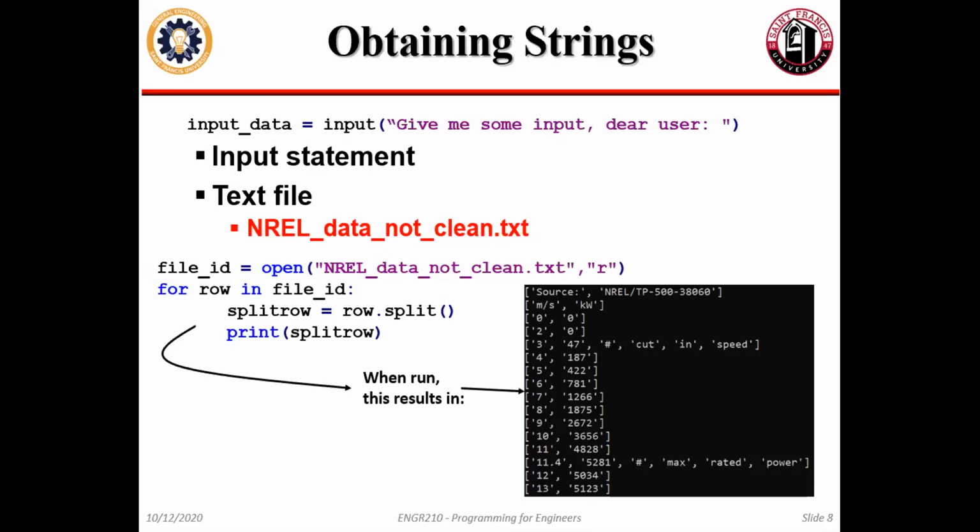Okay, so almost there, and there we go. Okay, cool. So on Canvas, I have a file up. It's in the strings and file IO module. It's called nrel data not clean .txt.